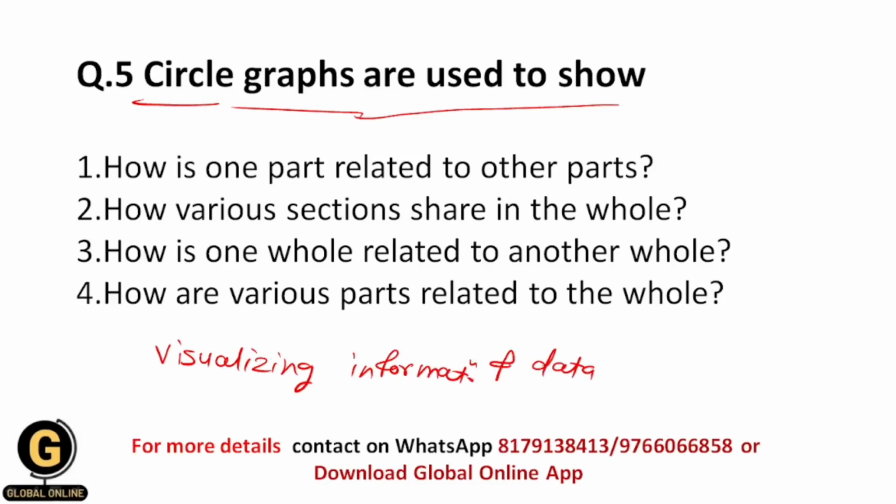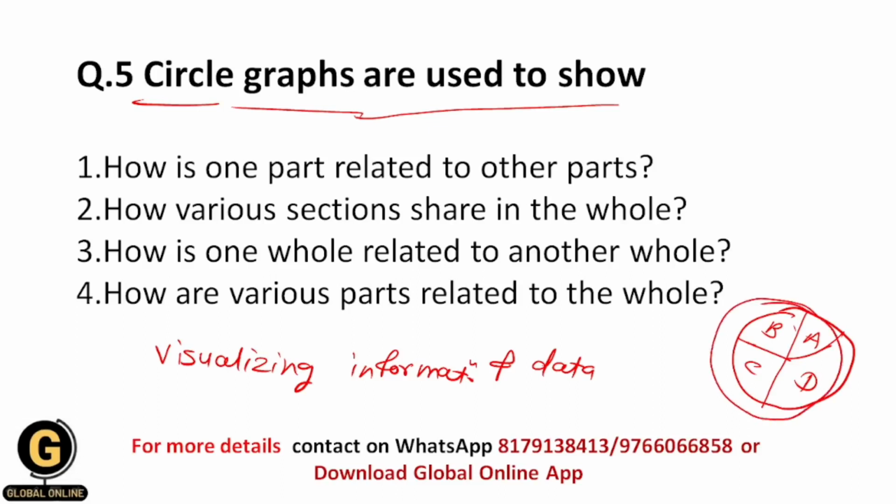Whenever you see a circle with compartments in it, for example, this is A, this is B, this is C, this is D, you are showing how these various parts like A, B, C, D are related to the whole circle. So for these reasons, circle graphs are used.